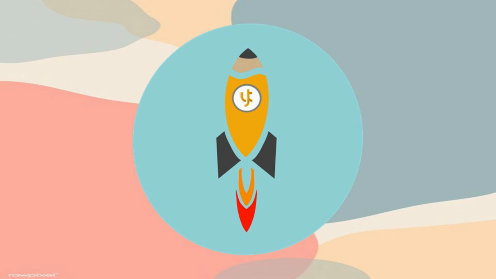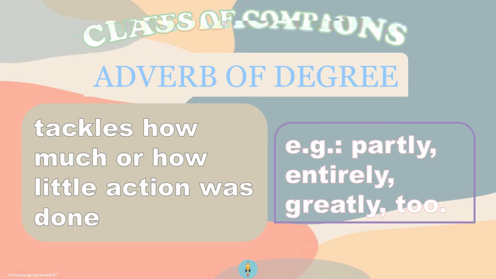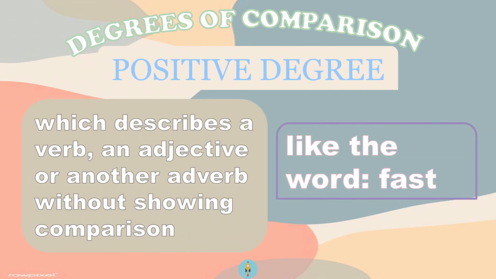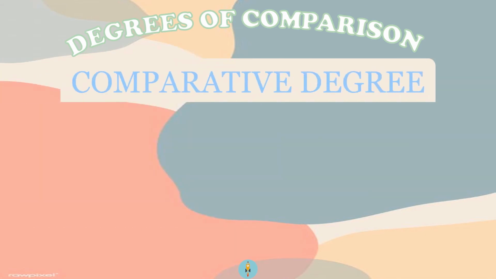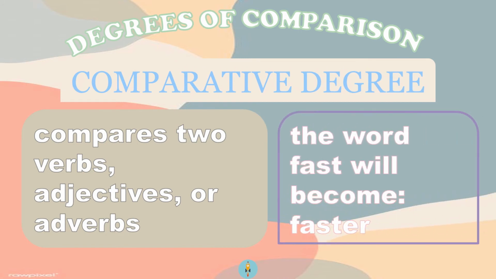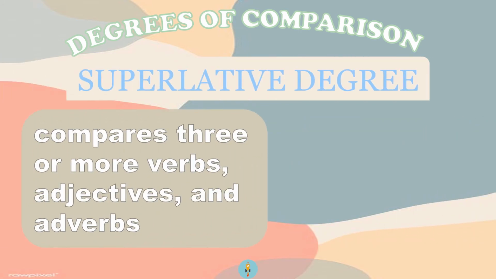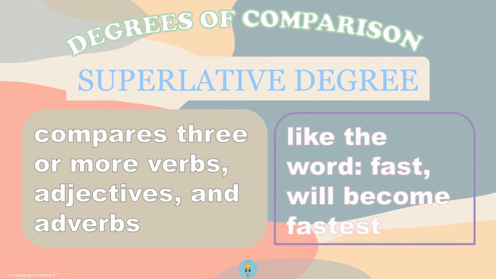Much like adjectives, adverbs also have 3 different degrees of comparison. First of which is the positive degree, which describes a verb, an adjective, or another adverb without showing comparison. The comparative degree compares 2 verbs, adjectives or adverbs, while the superlative degree compares 3 or more verbs, adjectives and adverbs.